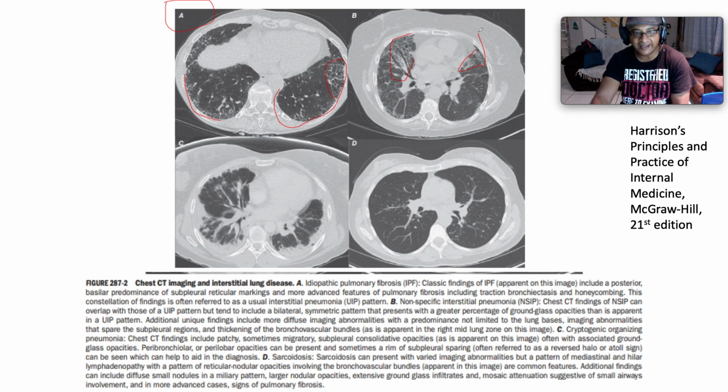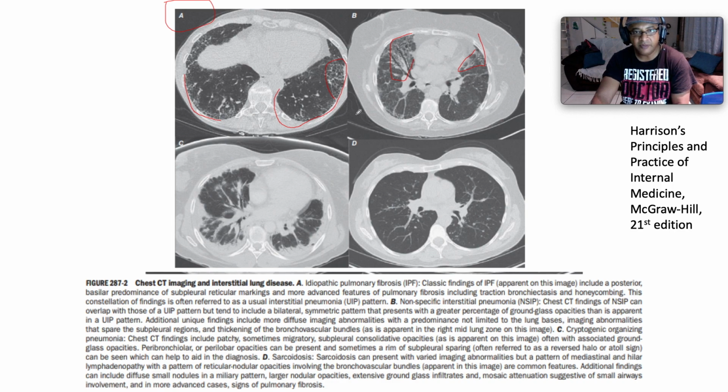That's the classic thing. Additional unique findings include more diffuse imaging abnormalities with the predominance not limited to the lung bases as per IPF, but more diffuse. They tend to spare the subpleural regions, and there's thickening of the bronchovascular bundles, as apparent in the right middle lung zone here.